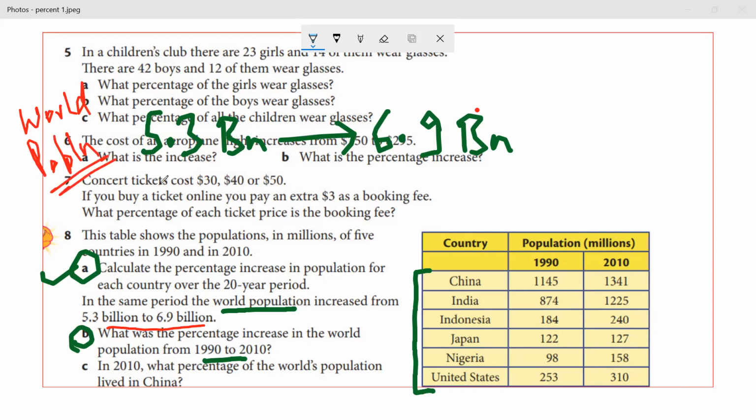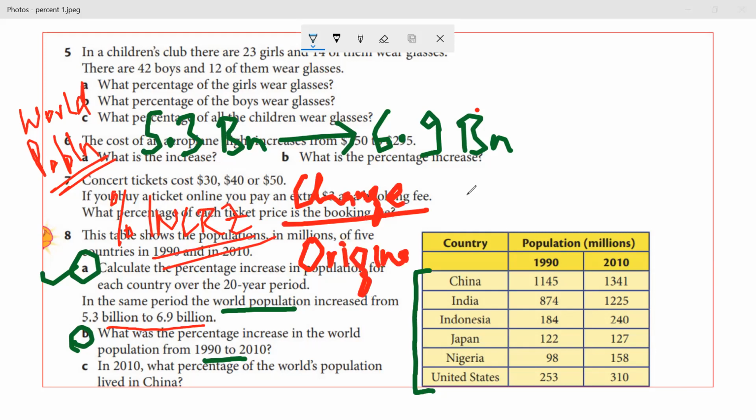So how will we find the percentage increase? Tell me. 6.9 billion upon 5.3 billion. First, we will have to calculate the change.